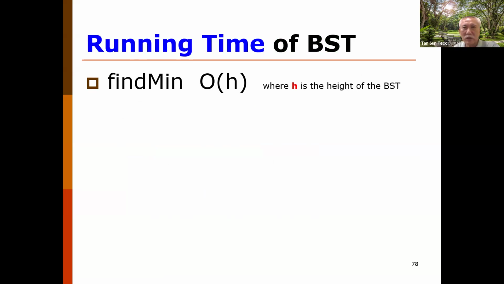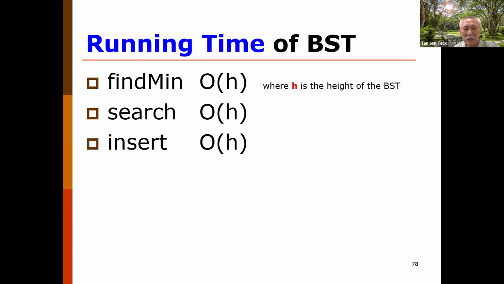Searching is O(h) because the worst case is you search until the bottom of the tree. You cannot get more than O(h). Insertion is O(h): you go all the way to the bottom and insert the value there. Deletion is O(h) because you have to find it first and then replace. When you want to replace, you go down all the way to the minimum or maximum of the two subtrees. So all these are O(h).